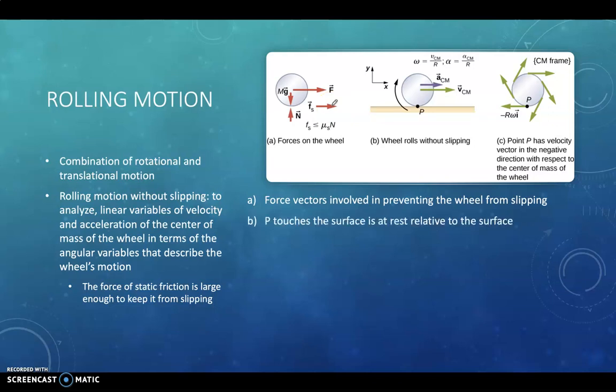Now in part B, we want to notice that P touches the surface and is at rest relative to the surface. But as the ball rolls, that point will have some velocity relative to the center of mass, and that velocity is negative r omega i hat.